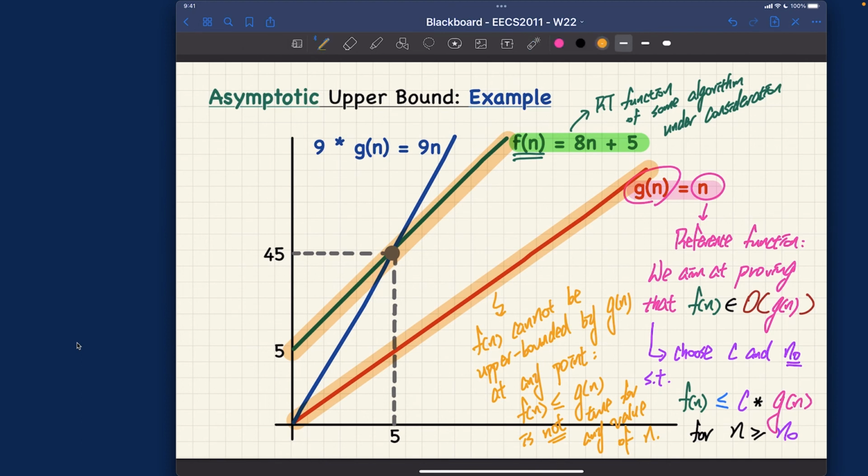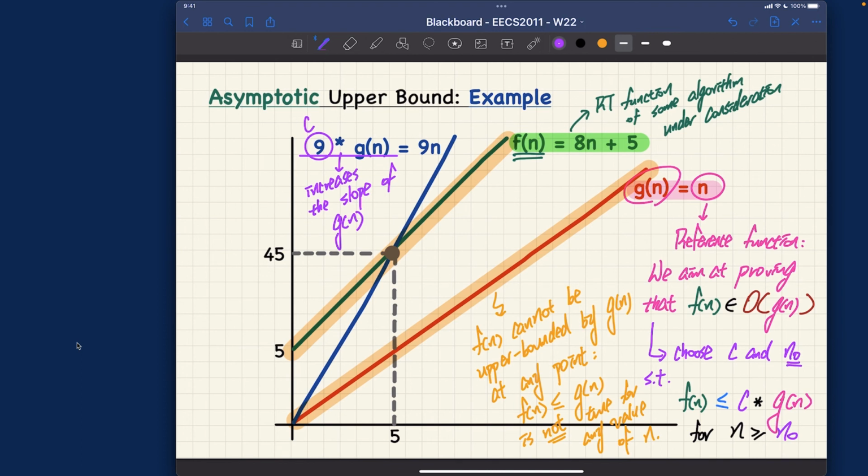Okay, so let me write it down. So the line over here is really the c. After we have done this, visually speaking, this increases the slope of g of n, right?